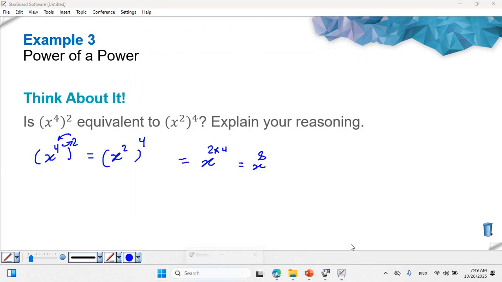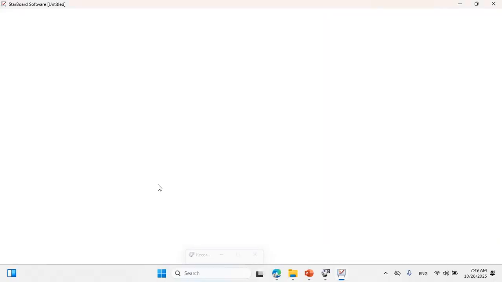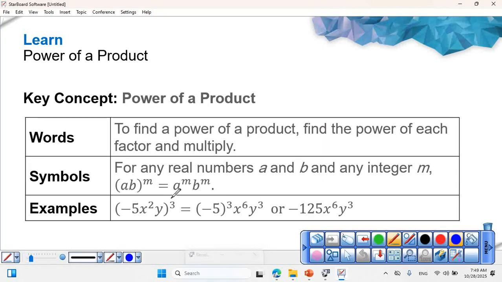We can distribute the power to each component inside the product, for this and this and this term. As you see, negative 5 to the power 3, x to the power 6, because 3 times 2 equals 6, and also y to the power 3. The last answer is negative 125 x to the power 6, y to the power 3.